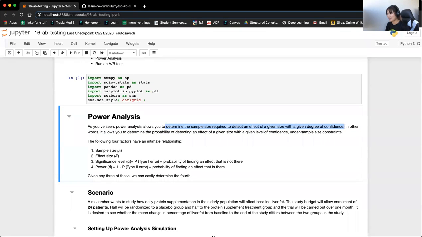So here you can see we have sample size, effect size, and significance level, and then you can have different levels of power. In other words, it allows you to determine the probability of detecting an effect of a given size with a given level of confidence under sample size constraints.